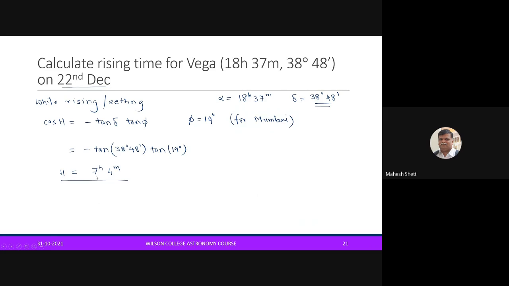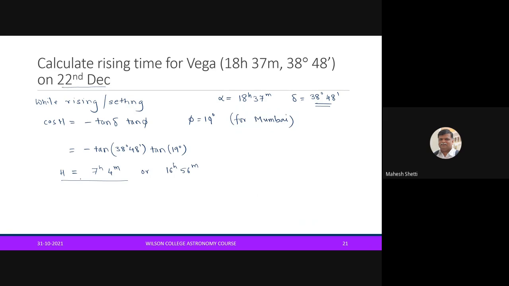So it is going to set when hour angle is 7 hour 4 minutes. Rising hour angle has to be on the opposite side. The same formula, cos h was negative here, and therefore I have to subtract it from 360 degrees. So here I am going to subtract it from 24 hours. So this is going to be 16 hour 56 minutes.